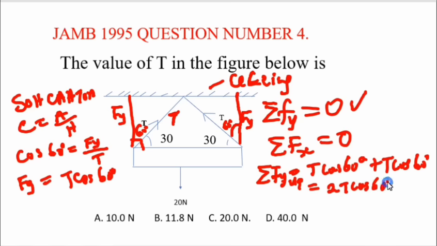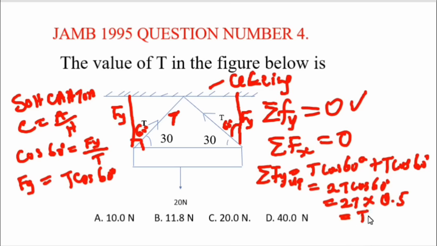So that you have 2T cos 60. The vertical component of the force is 2T times cos 60, which is 0.5. If you multiply 2 by 0.5, what do you have? 2 multiplying 0.5 is just 1.